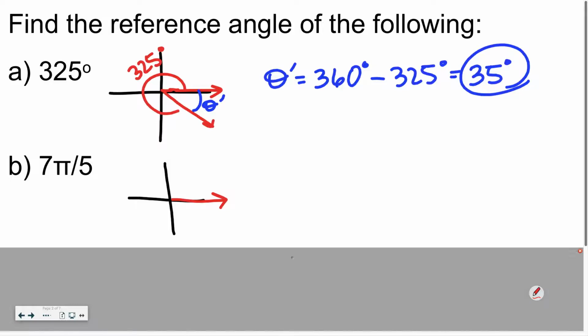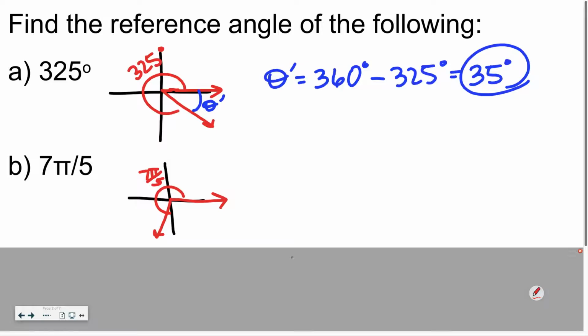Okay. Jessica, which quadrant is 7 pi over 5 in? The third. Okay, how do we know? All right, we know that right here is 1 pi and right here is 3 halves pi. If we think about the fraction 7/5, we know that it's bigger than 1, but not quite 1 1/2. So we would throw it in that third quadrant. Okay?